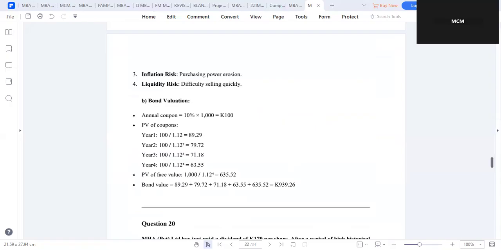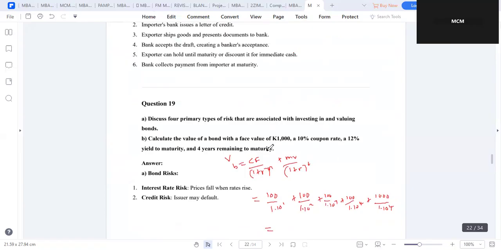Okay. So the market rate is actually 12%, sorry. The 10% is 10% of 1,000, so you get your coupon as 100. That's why we're using 100 throughout. But 12% is the market rate. So here, put 1.12, 1.12, 1.12, 1.12.